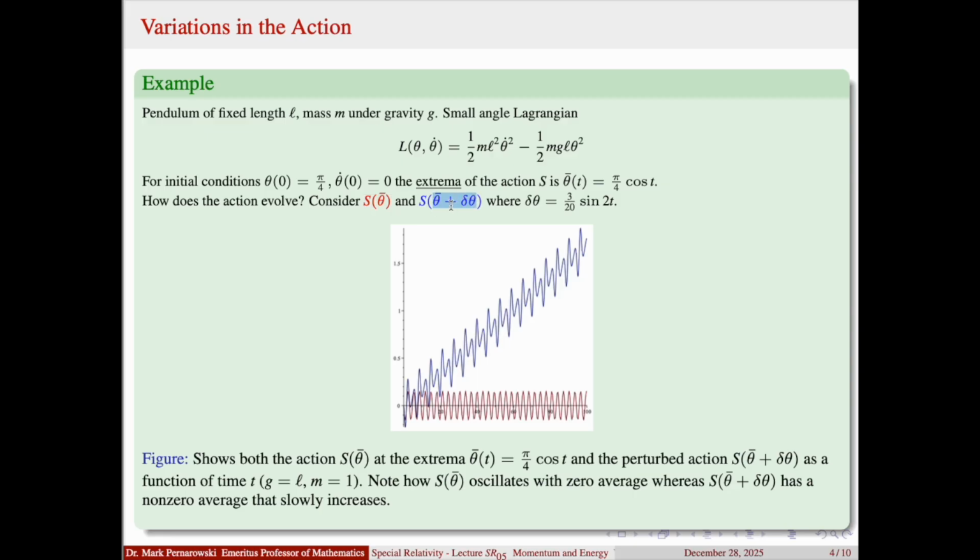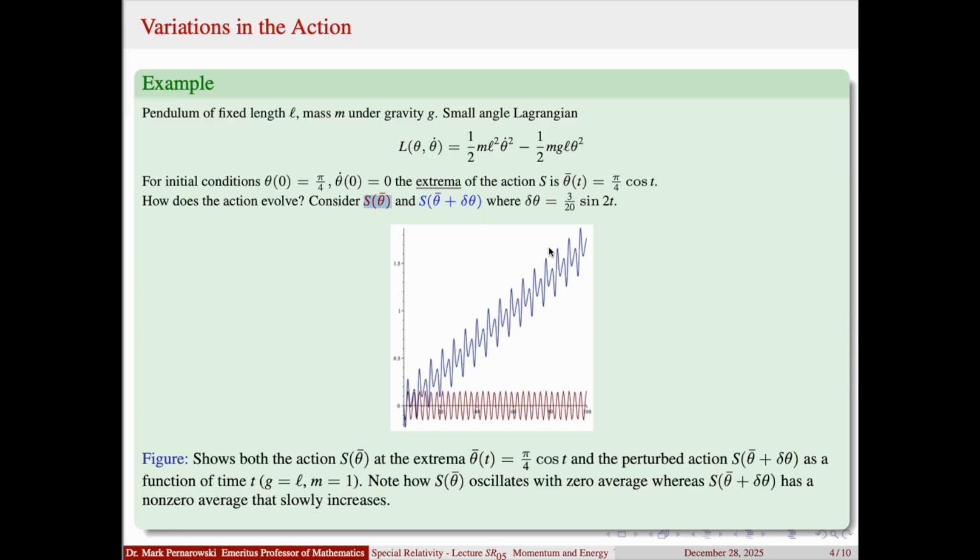So what I'm going to do is add a little variation to this trajectory, a smallish variation. So I would expect that this action in blue with the variation should be bigger in some sense than the best or minimal action in theta bar.